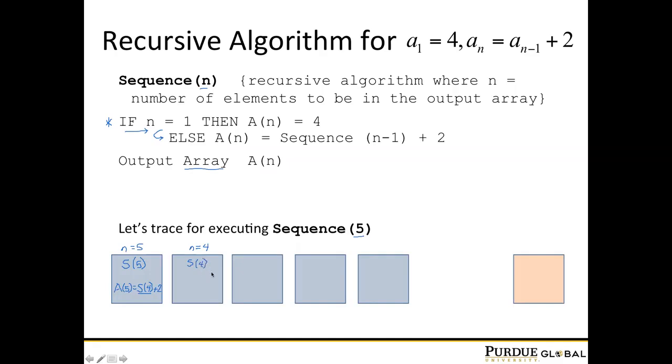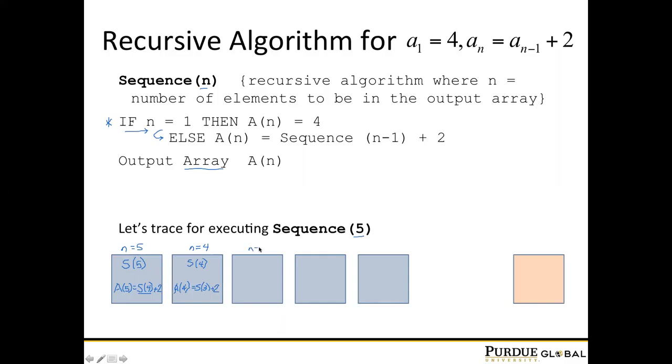And looking at our if statement again, n is not equal to 1, so we execute the else component. A of 4 is going to equal S of 4 minus 1, so S of 3 plus 2. And so in order to determine what A of 4 is, we need to know S of 3.